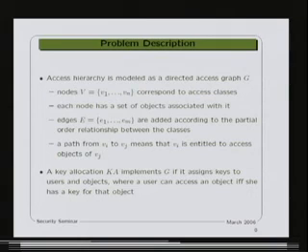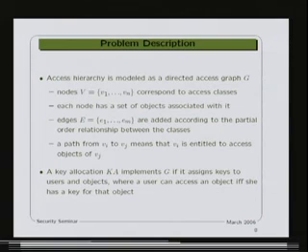So this is a little bit more specific problem description, and here you can see that we model this graph. This is a directed access graph, which we call G. All nodes that correspond to user classes are numbered as V1 through Vn.